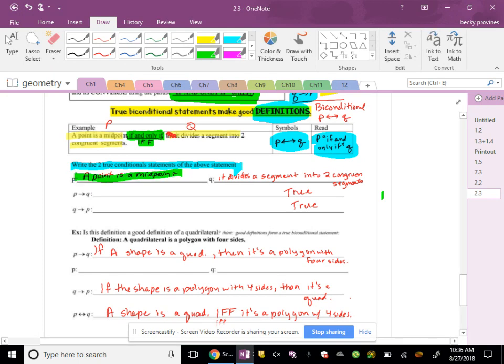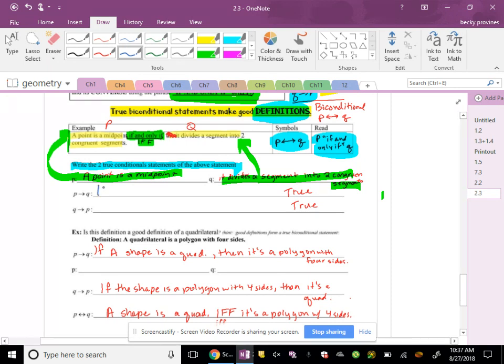All right, so I put a point is a midpoint. You guys see I got it right there. A point is the midpoint, and it divides a segment into two congruent segments. I didn't write all of this out during class because it is a lot of writing. How do you write this in PQ form?